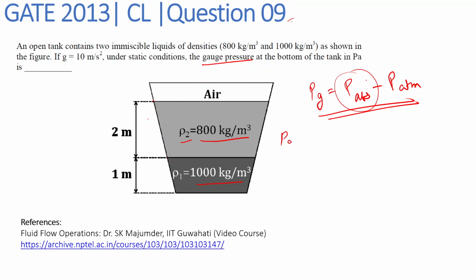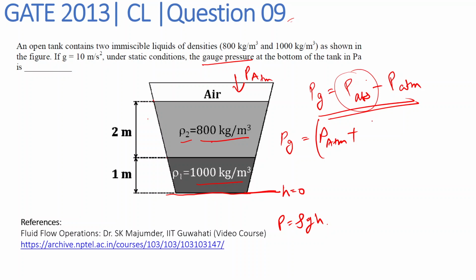So Pg is equal to, so the P absolute will be the total pressure acting at this reference level of h equal to 0. So from the atmosphere, we will be having the atmospheric pressure, that is P atm. Then there will be pressure due to this fluid of density ρ2, and that pressure is given by P is equal to ρgh.